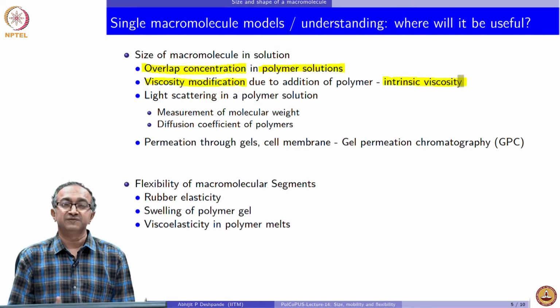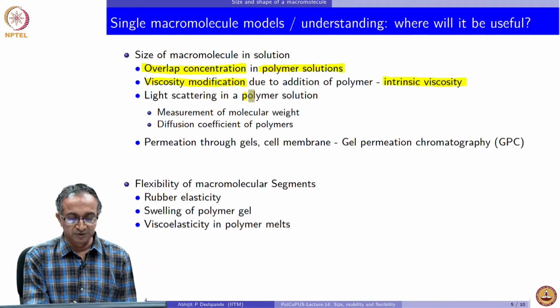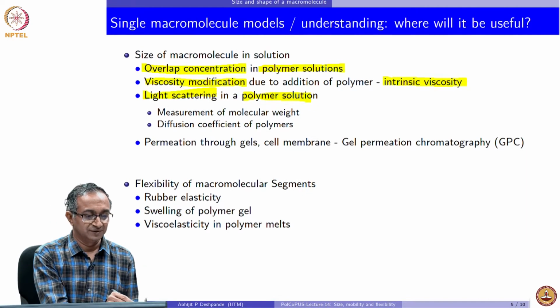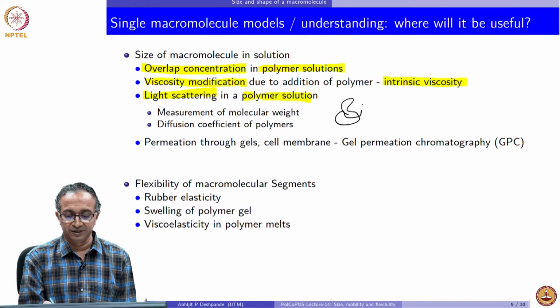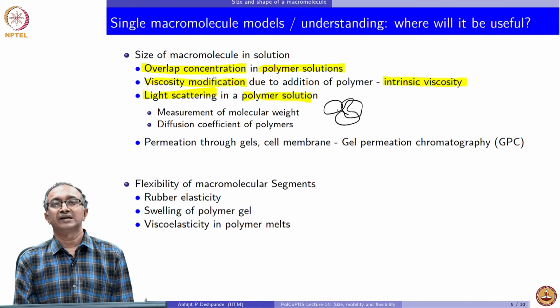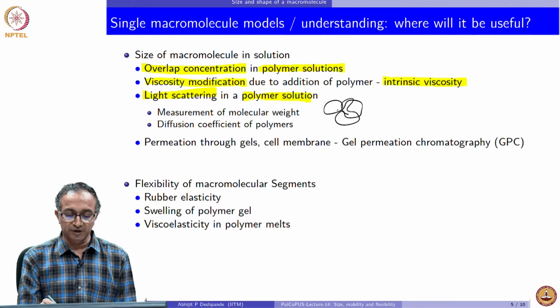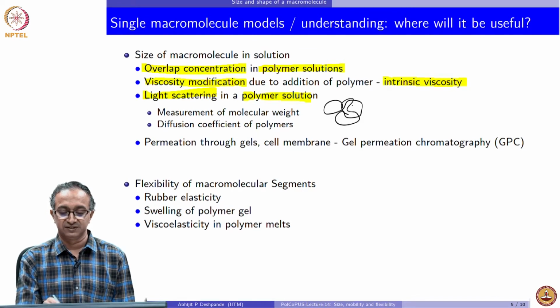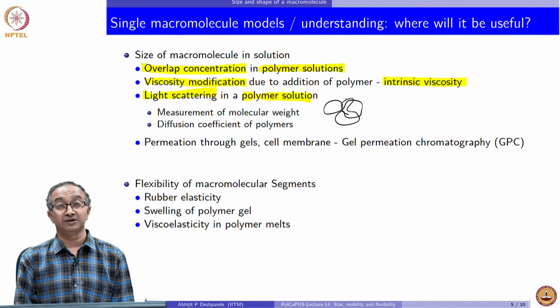Also, the behavior of single macromolecules is very useful from the point of view of measurement. So if we take a polymer solution and measure the light scattering, because I have described these polymer chain molecules as coil-like objects, the scattering of light due to these macromolecules in solution depends on the size and shape of this macromolecular coil.